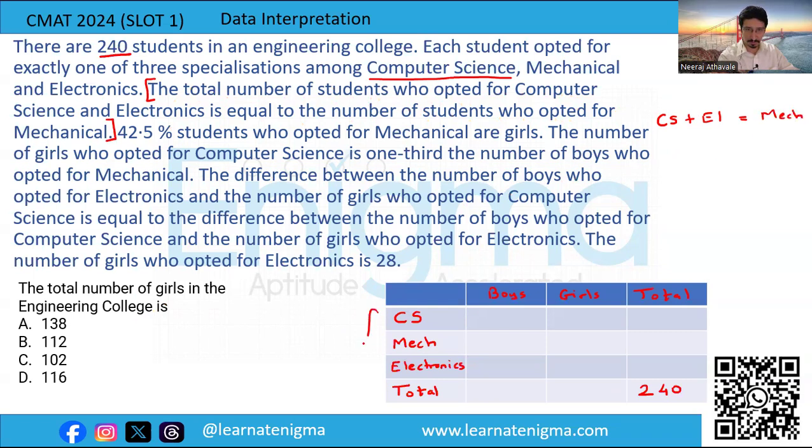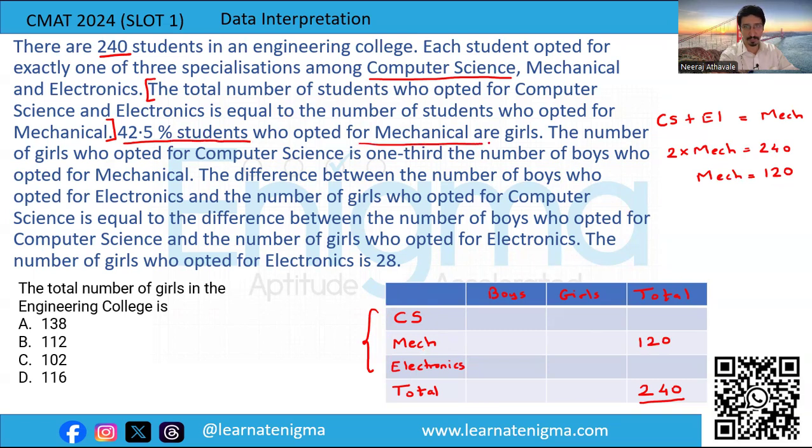And we know that the summation of all three is equal to 240. So CS and electronics together we can replace with mechanical. So we get 2 times mechanical is equal to 240, and therefore the strength of mechanical is 120. So total students in mechanical are 120.